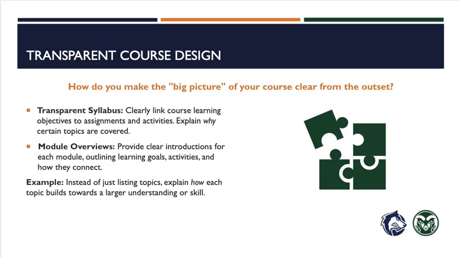You can also provide module overviews. Provide clear instructions for each module, outlining the learning goals, activities, and how they connect to the larger course objectives. An example of transparent course design here would be, instead of just listing the topics students will study, explain how each topic builds towards a larger understanding or skill.